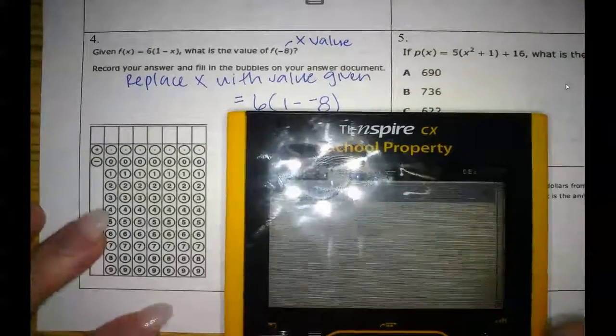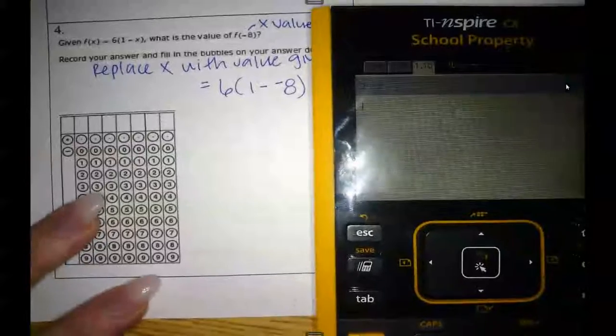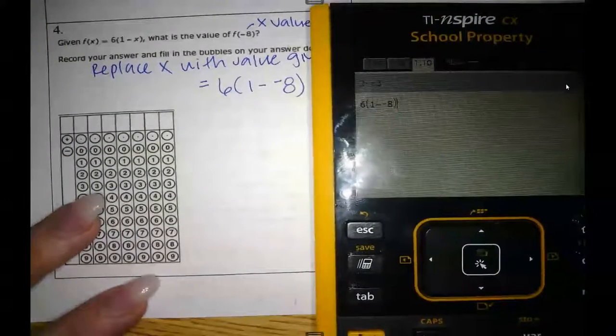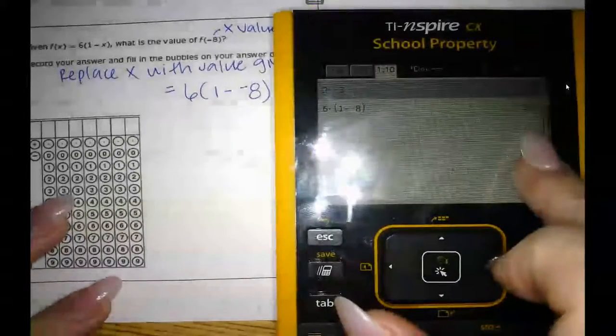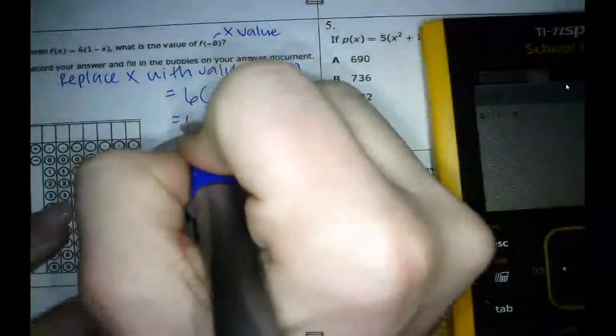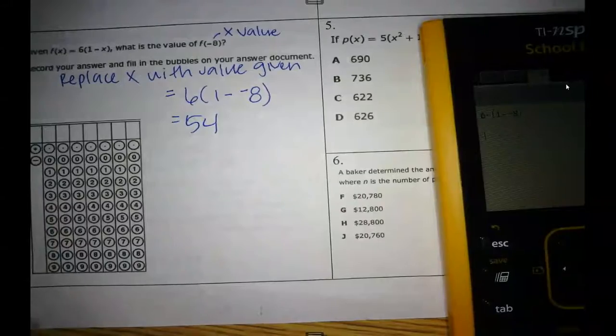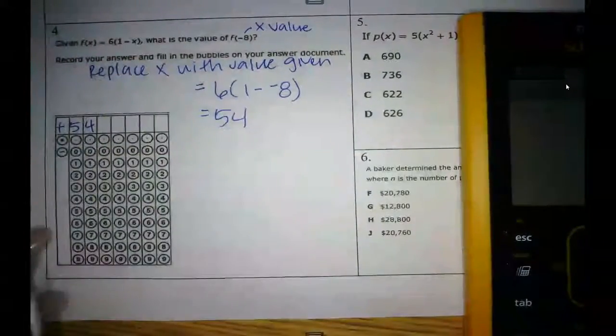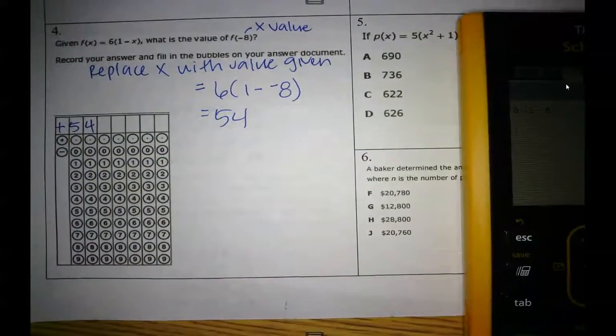So then I'm just finding the value. I've got 6, open parentheses, 1 minus negative 8, and that gives me 54. So this equals 54. If it's a numerical response, I'm going to do positive 5, 4. You'll just type it in on the computer.